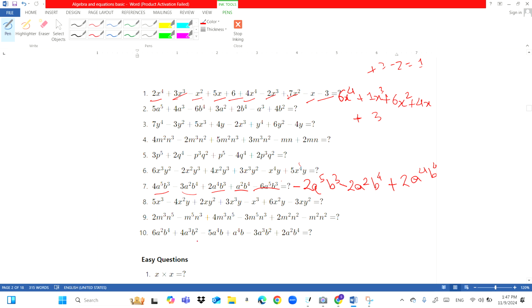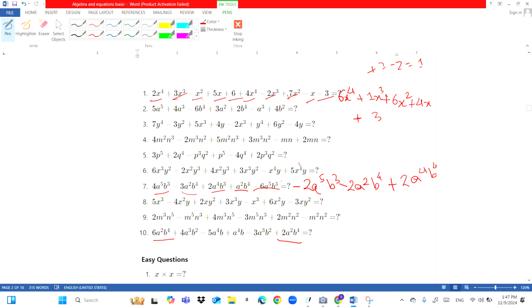Let me try this question number 10, and let me explain the last example to you. In this case, let's start with the first expression. We have a square b4. Let's find another a square b4. We don't have a square b4. Do we have? Yes, there we go. We have one. That is this one.